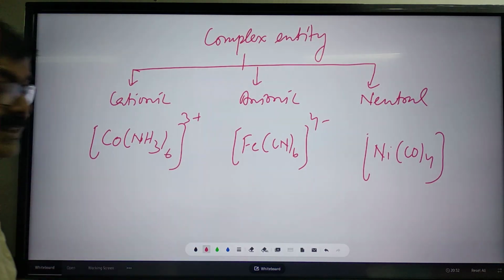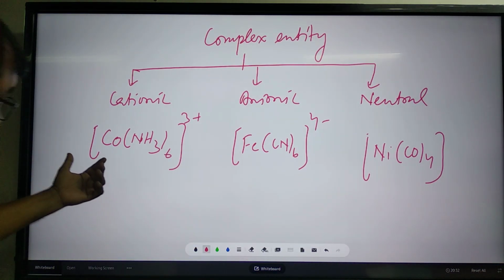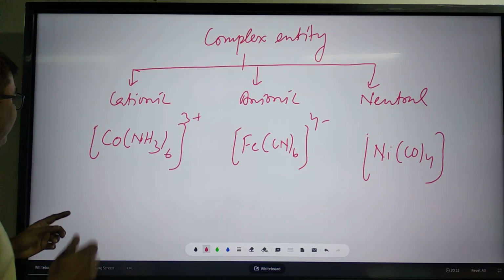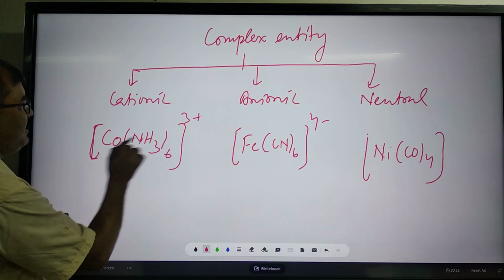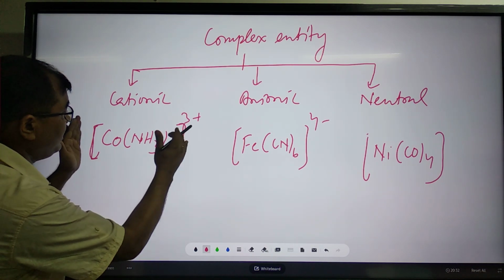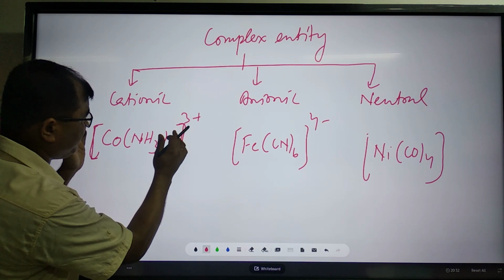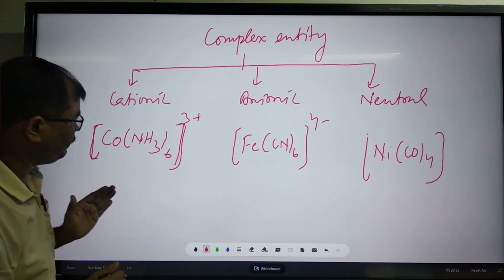Now, how are complex entities, complex salts or coordination compounds represented? Generally, the complex entity is always kept inside the square bracket.